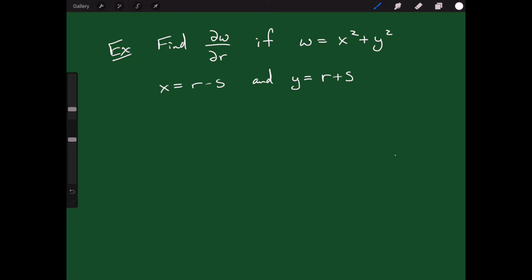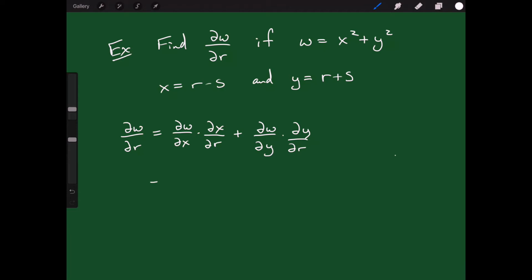All right, so the way that we could go about this is we could say that the partial of w with respect to r is equal to the partial of w with respect to x times the partial of x with respect to r plus the partial of w with respect to y times the partial of y with respect to r.